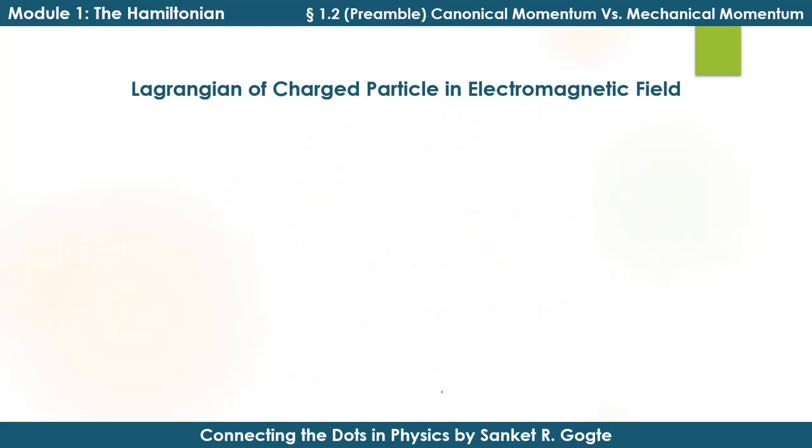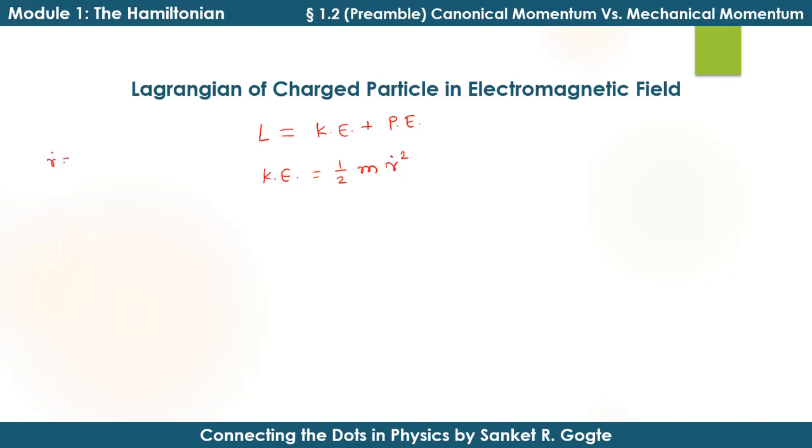All we need to do is use the definition of the Lagrangian as, sorry, it's not a vector, equal to kinetic energy plus potential energy. Kinetic energy is half m into r dot squared, where r is the position vector.